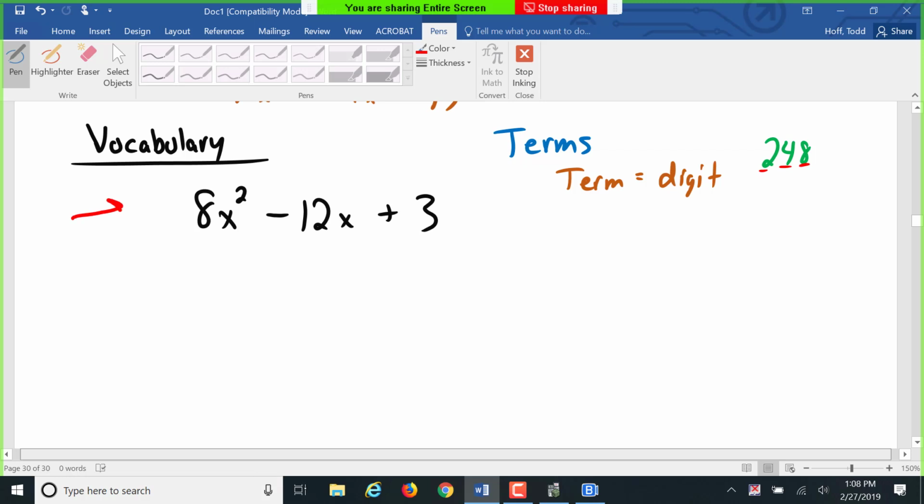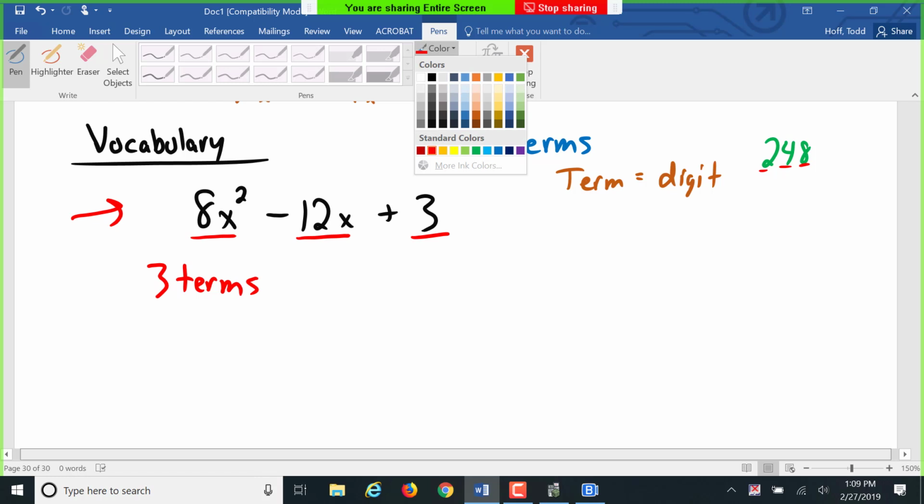This number over here, how many digits does it have? 3, right? It's still one digit. It's 2 digits of a number, but it's still only one digit. It's one place value. That's the x place value. So this is 3 terms. Now there are special names for 3 terms that we'll talk about in just a second.